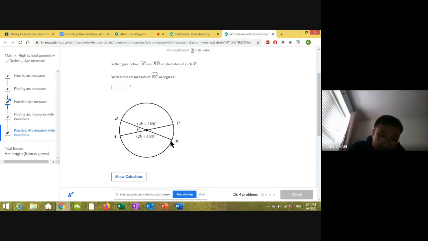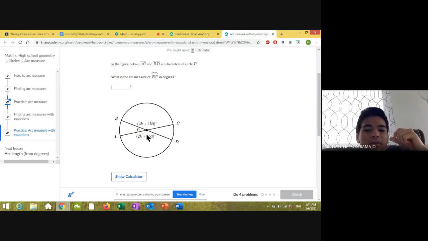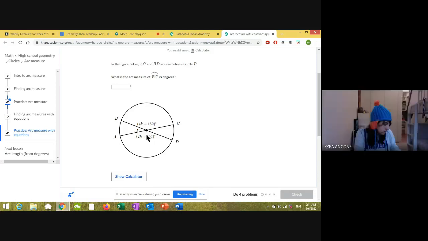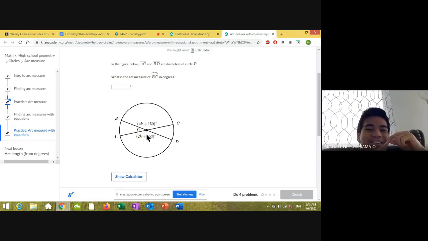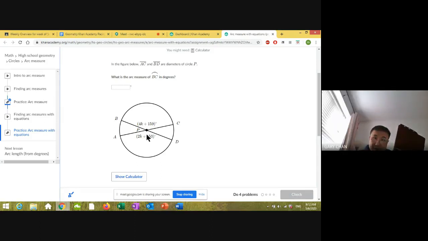So what you're supposed to do here, just like Kira said, we're supposed to equate these two, right? If you were to equate these two, I'm just going to do a present screen with my tablet. Can everyone see my tablet?